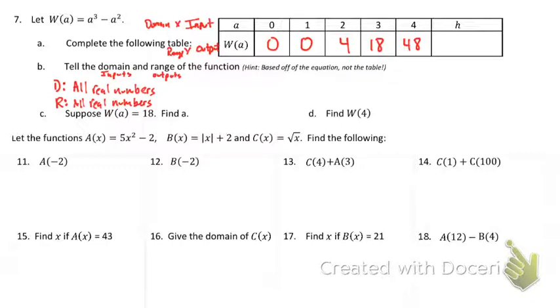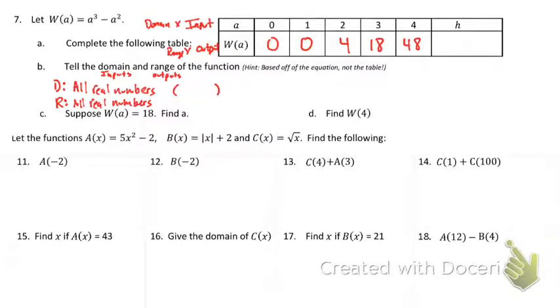What I want you to start getting used to is displaying this in two formats, okay? So instead of just writing all real numbers, there's two ways to display it. The first one is with parentheses.